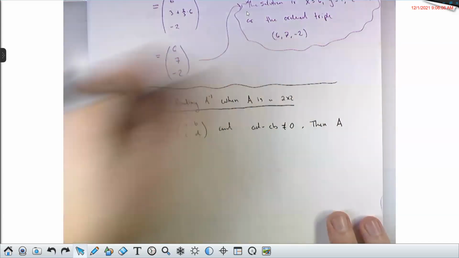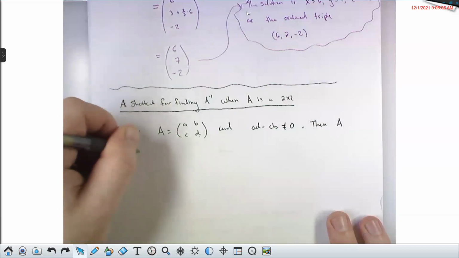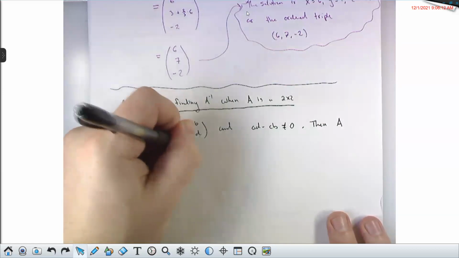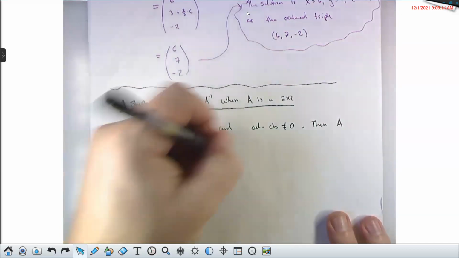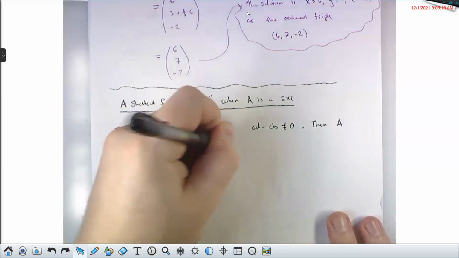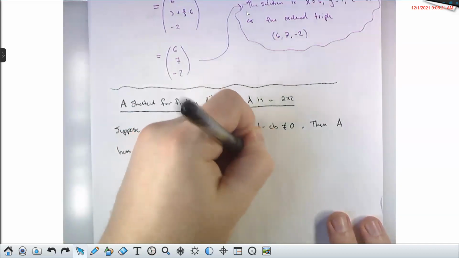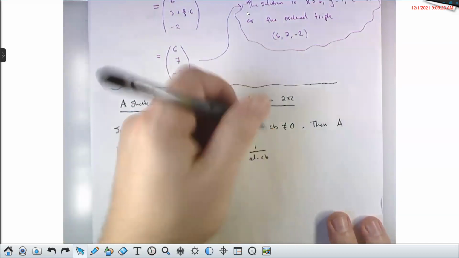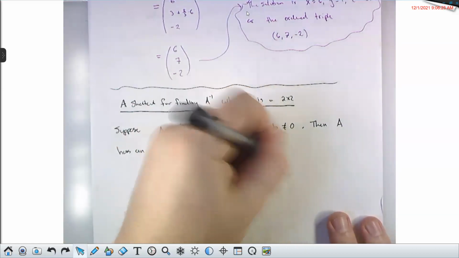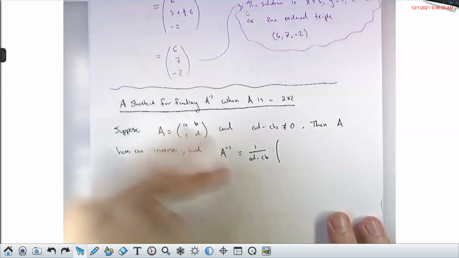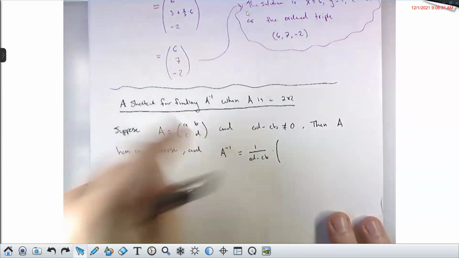Then the matrix A has an inverse, and you can calculate that inverse as 1 over this number, AD minus CB, times the new 2x2 matrix you get by switching these with each other and negating these.